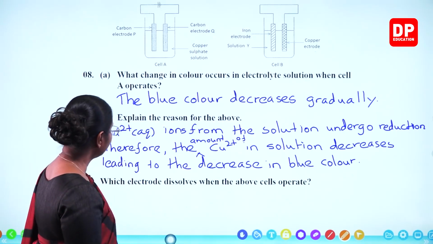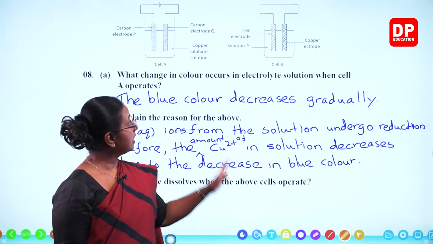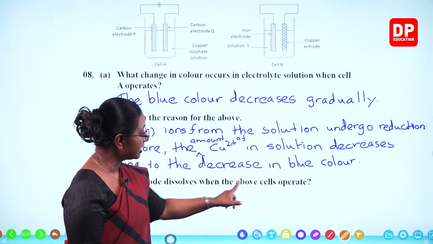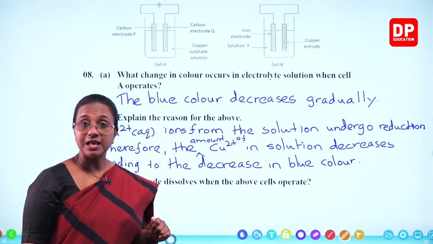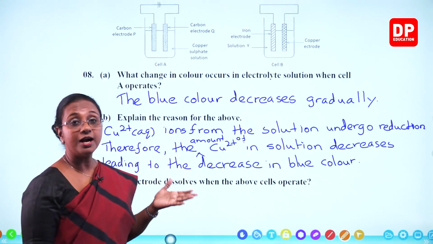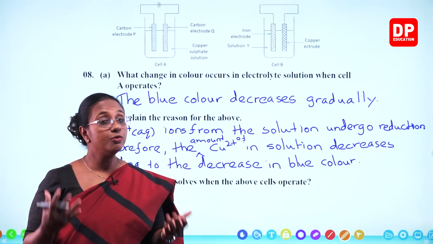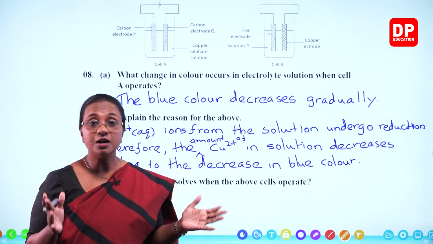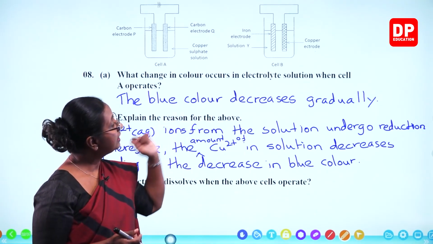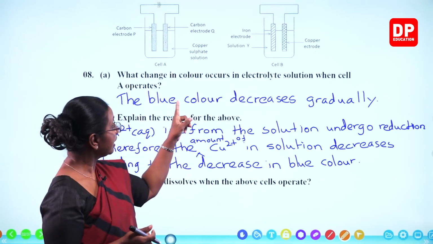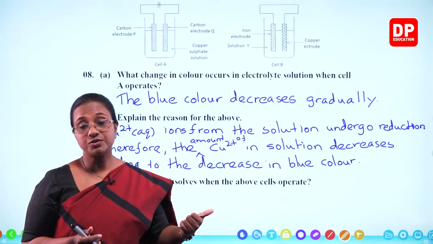Then the ninth one, which electrode dissolves when the above cells operate? Now, both cells, they have commonly asked above cells operate. Will there be a change in the electrodes in cell A? Both are carbon electrodes. Now, you all know carbon electrodes are inert electrodes. They don't undergo any change during the operation of the cell. So, there will be no change there. But in cell B, iron and copper, we already saw that iron undergoes oxidation.